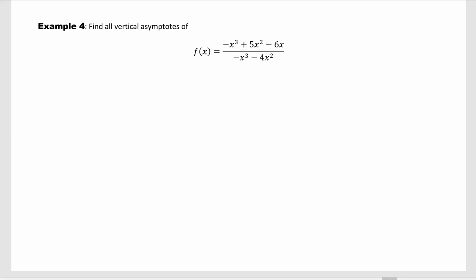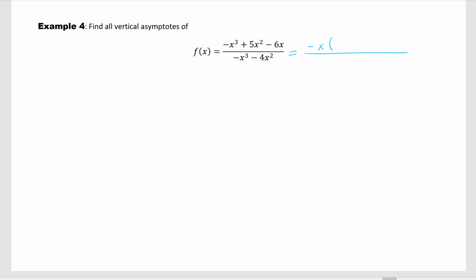Find all the asymptotes of this function. Alright, so let's factor it. Okay, how do we factor it? Well, first of all, I don't like a negative leading coefficient, so I'm going to factor out negative, and I see the common factor x.